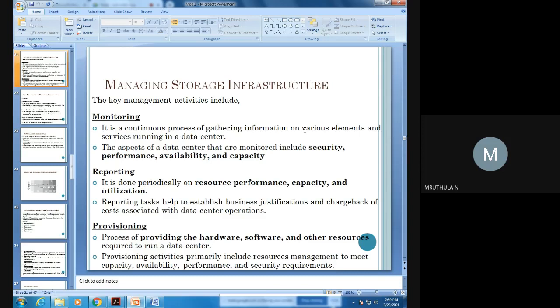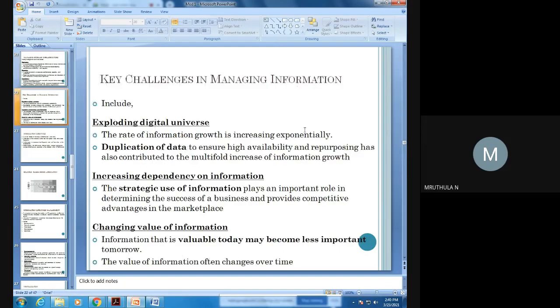In order to frame an effective information management policy, a business needs to consider the following key challenges of information management. The key challenges are the exploding digital universe, increased dependency on information, and changing value of information.